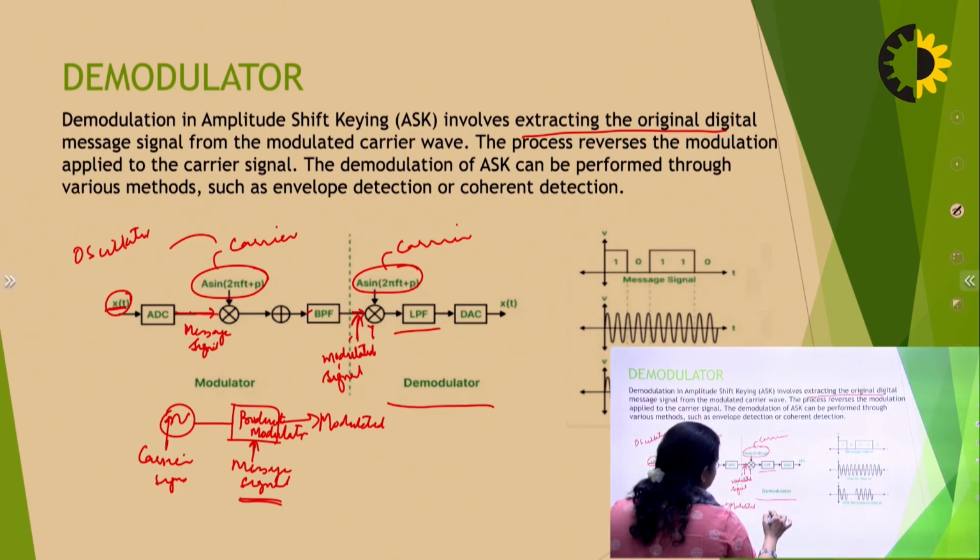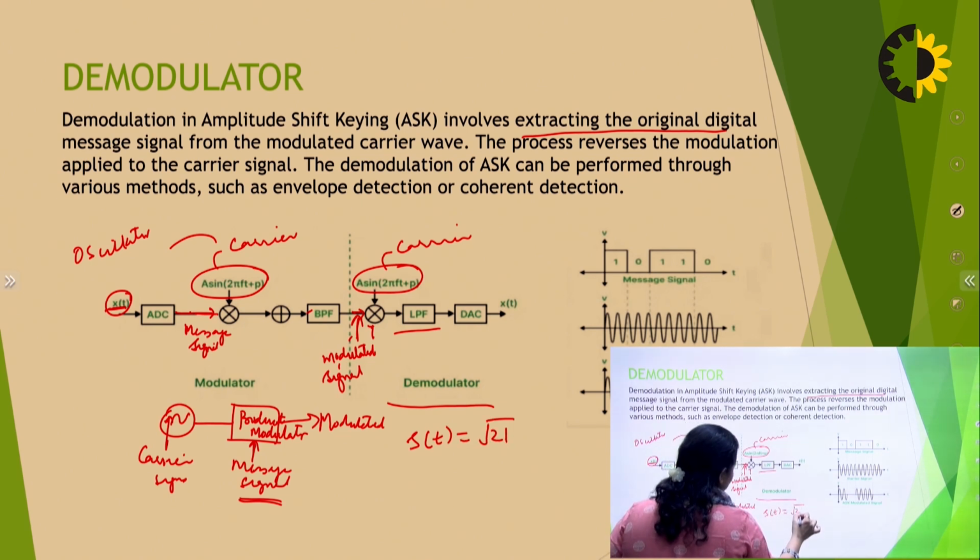And there is one more thing, the basic equation: cos 2 pi fc t.